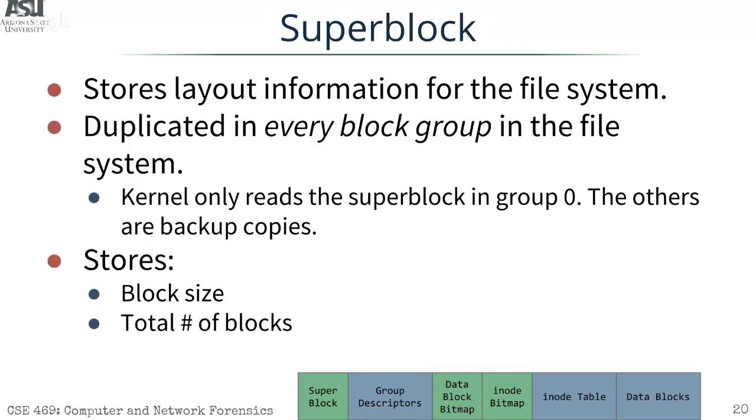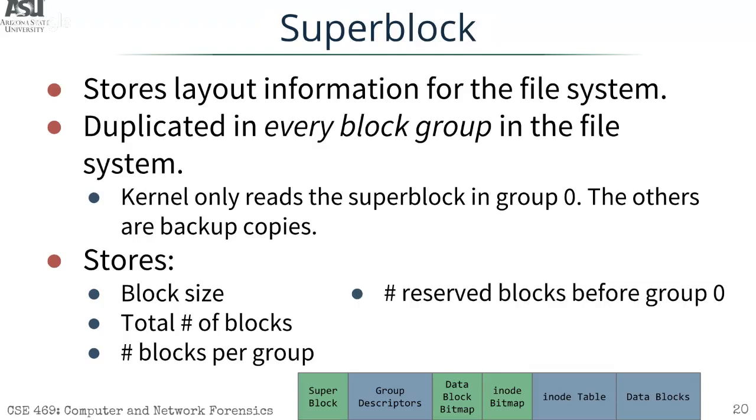Block size, the total number of blocks for the whole file system, and the number of blocks per group. There's only one number. It's not saying this group has this many and that group has that many. You have one number of blocks per group. Then the number of reserved blocks before group 0.